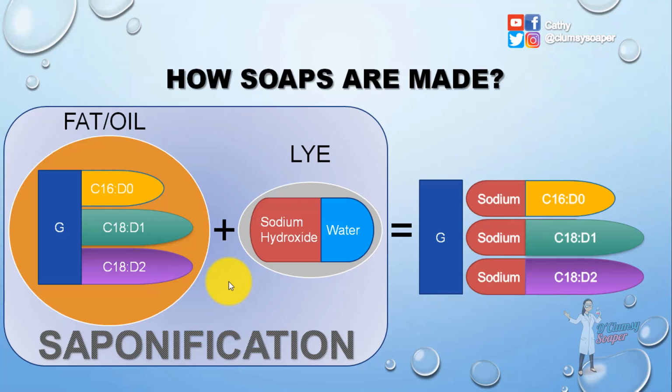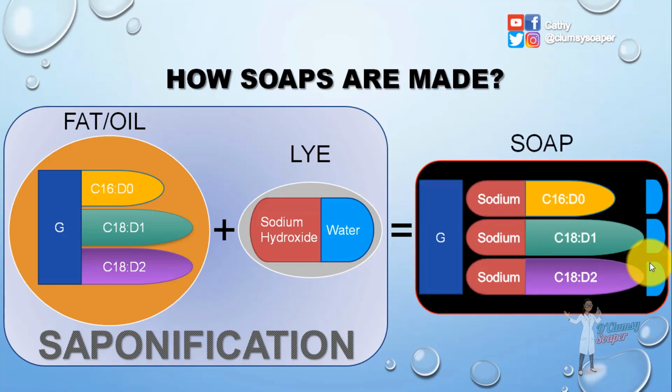And then the 3 fatty acids that we previously called C16D0, C18D1, and C18D2 are now attached to the sodium from the sodium hydroxide. And then what happens to the water? We have water here. All these are enclosed into our soap.